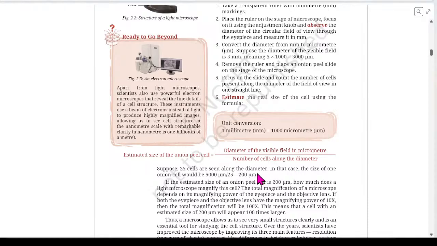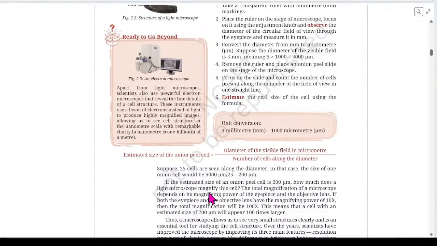Suppose 25 cells are seen along the diameter. In that case, the size of one onion cell will be equal to 5000 divided by 25 micrometer, that gives you 200 micrometer. If the estimated size of an onion peel cell is 200 micrometer, how much does a light microscope magnify this cell?